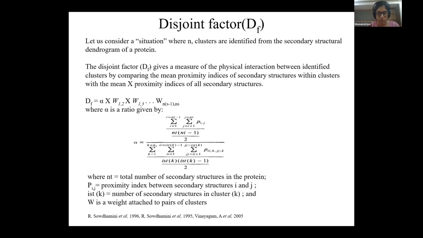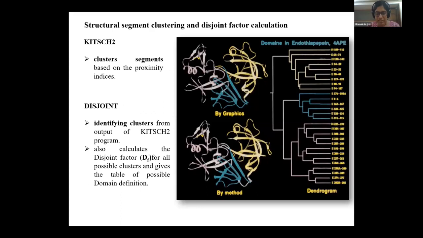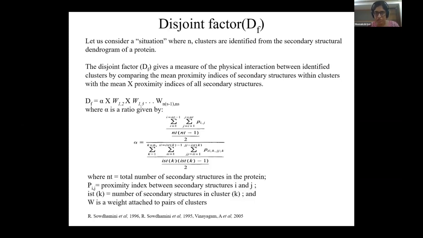To identify the domains, there can be multiple possible solutions based on the interaction of the secondary structures with each other. For each possible case, we look at the disjoint factor, and then we take the best possible solution as that solution which has the highest disjoint factor.